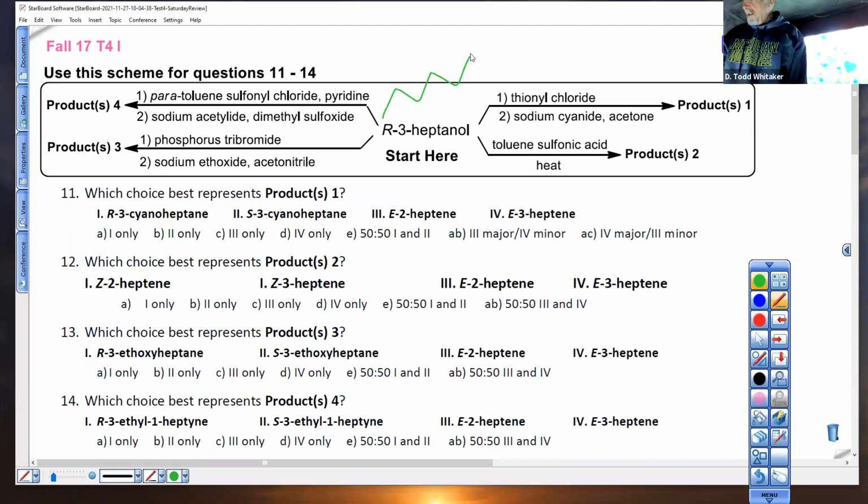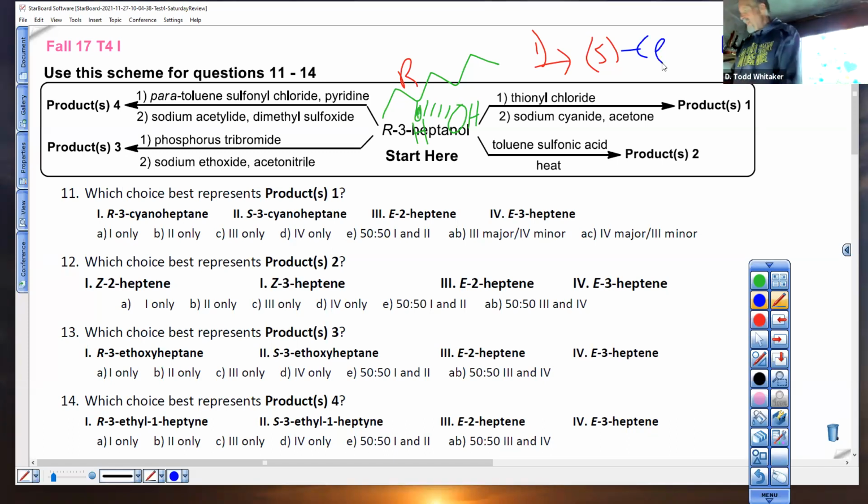R-3-heptanol, 2, 4, 6, 7. You've got an H here and an OH here. And thionyl chloride goes from an R stereocenter, this is step 1, to an S, where there was an OH is now attached to a Cl.